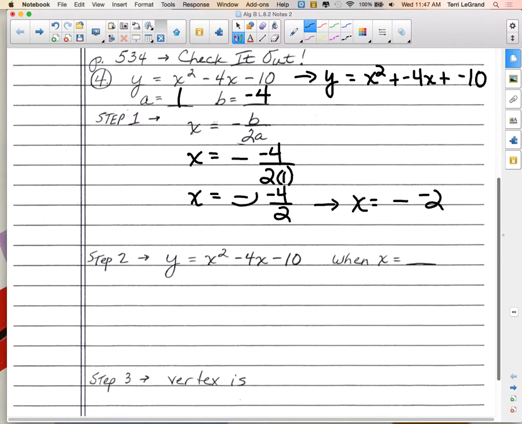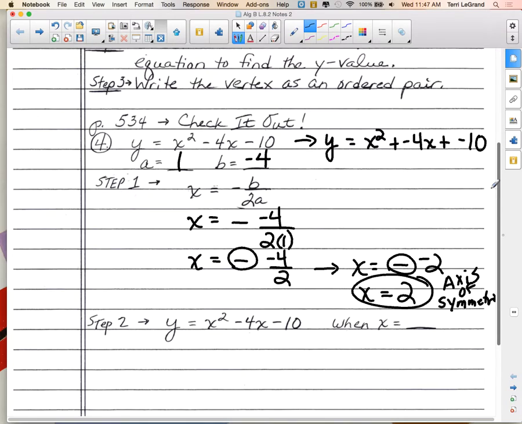The negative 4 divided by 2 is negative 2. What's the opposite of negative 2? Positive 2. So here's our axis of symmetry. Would you write this in your notes? That's what we just found.